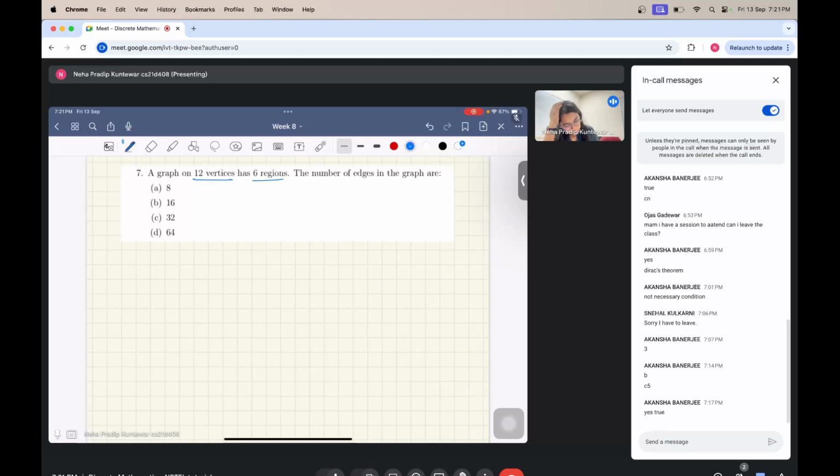Okay, so what you do is you use Euler's formula, which you might have seen earlier. It says that the number of faces plus the number of vertices is edges plus 2. So maybe I'll just take an example.